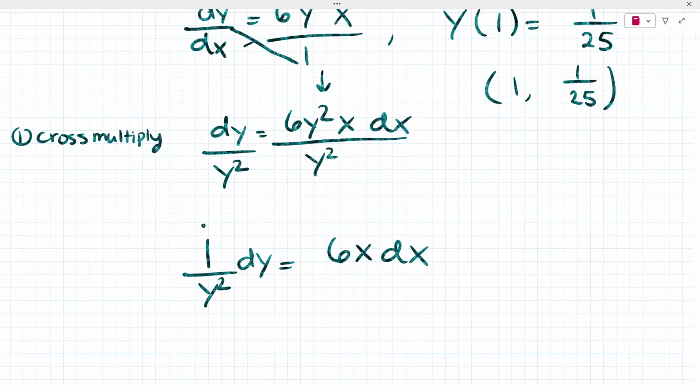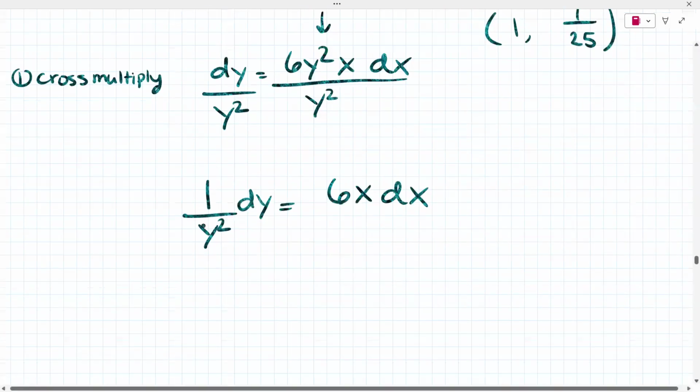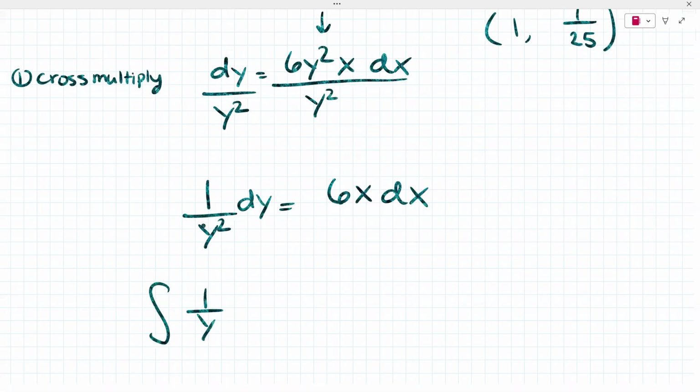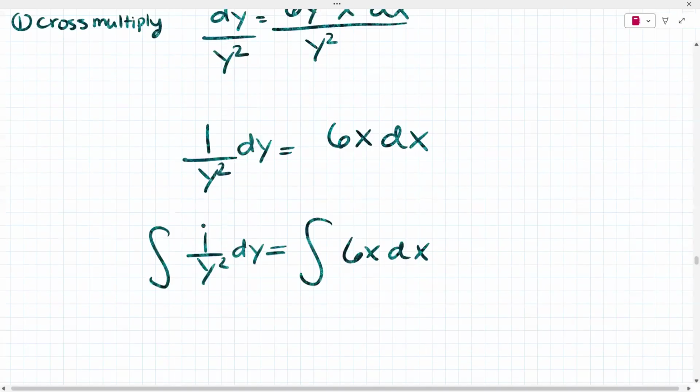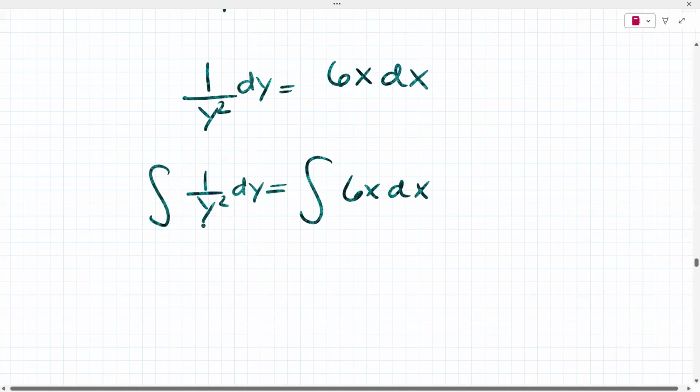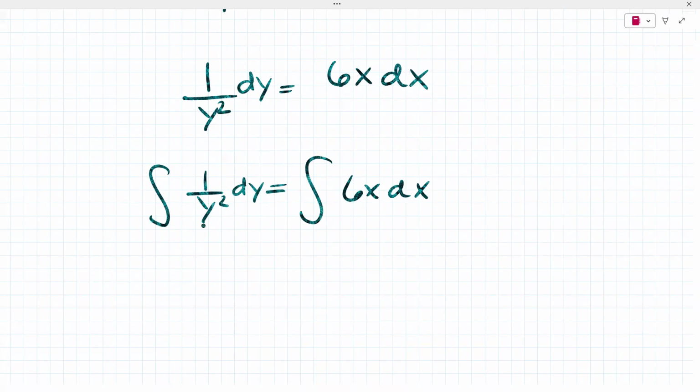And can we take the integration? Yes. I think these are pretty simple, right? What's the integration of 1 over y squared dy? Be careful, it's not 1 over y, it's 1 over y squared dy.